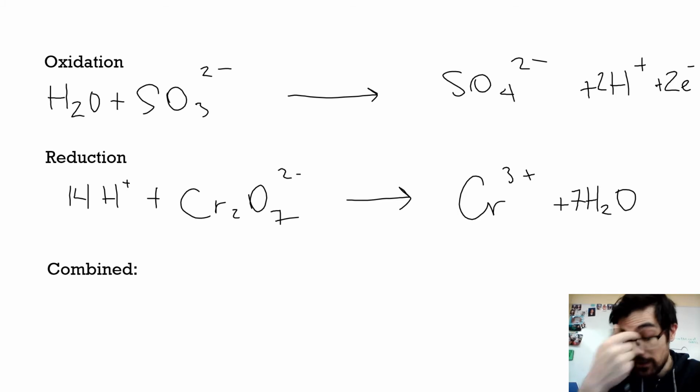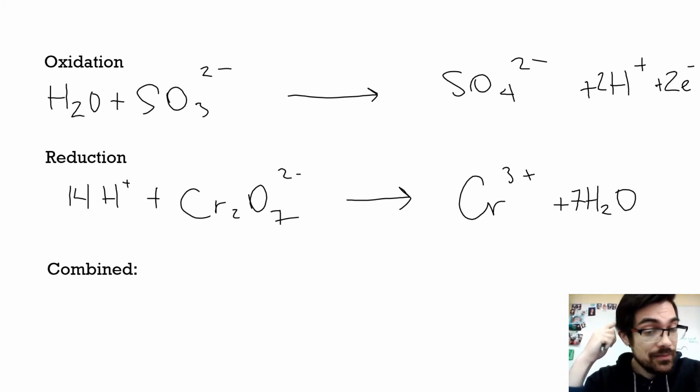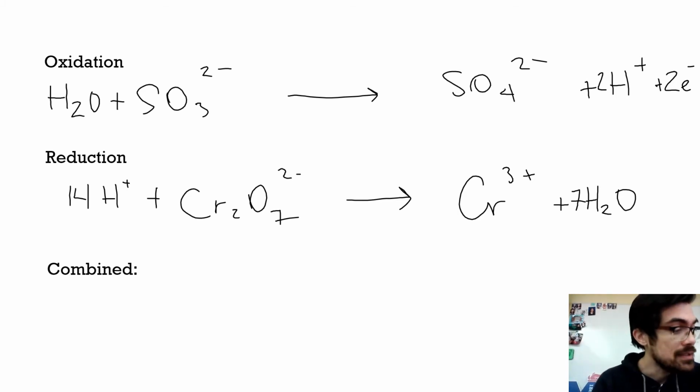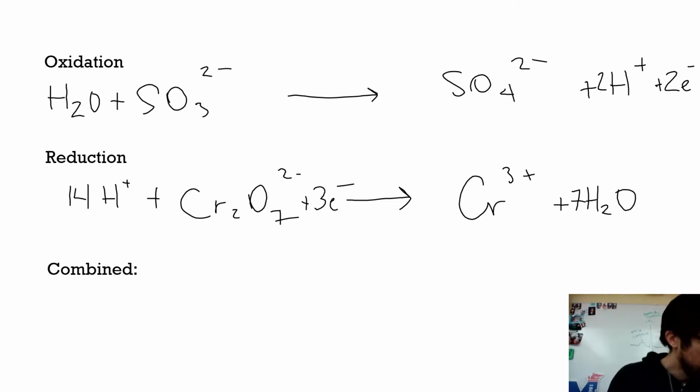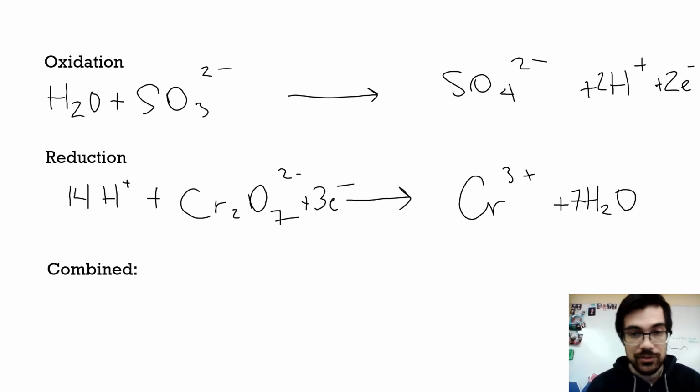Okay, and the last thing now is the electrons. So we went from +6 to +3, that means we had to have 3 electrons come in here. So that would give us 3 electrons, trying to fit that in there. My mistake. Or not really a mistake, just a little squish, sorry.